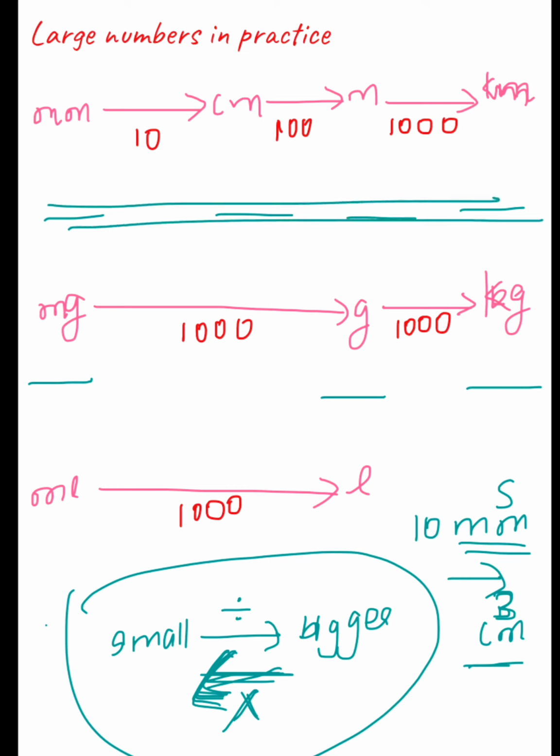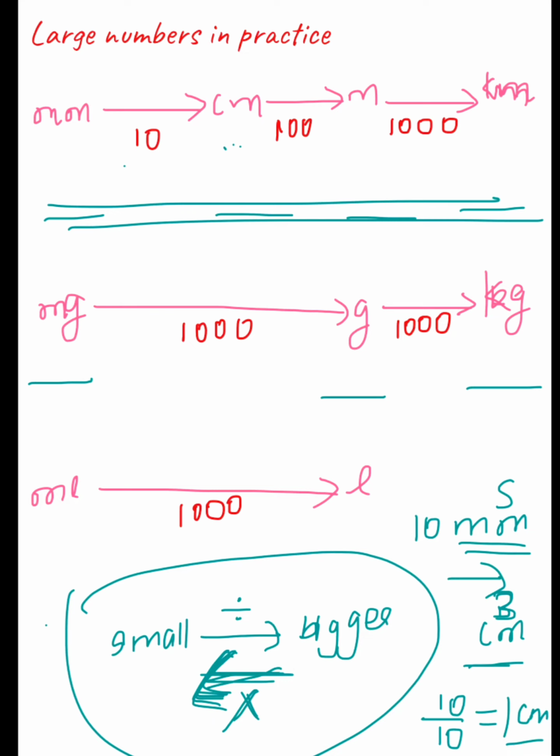Here you can see that 1 centimeter equal to 10 millimeter. That's why I have written 10 here. So if you are asked to convert millimeter to centimeter, you just divide by 10. That means 10 divided by 10, which is equal to 1. So 1 centimeter will be the answer. That is, 10 millimeter equal to 1 centimeter.